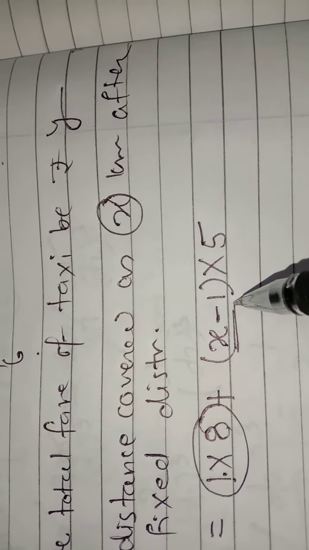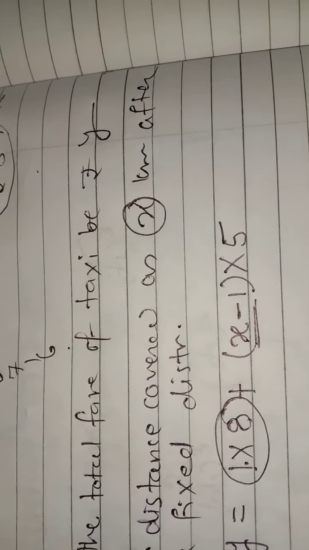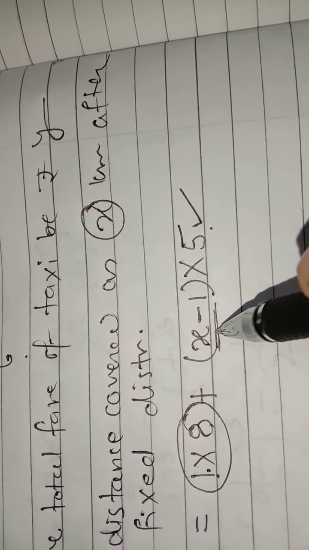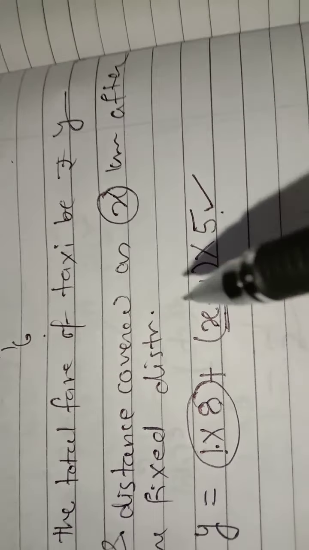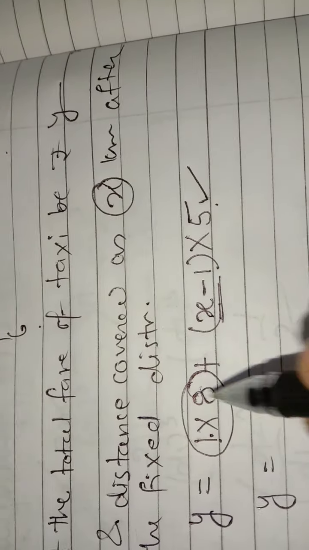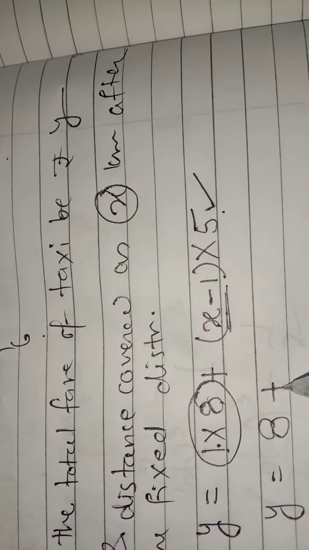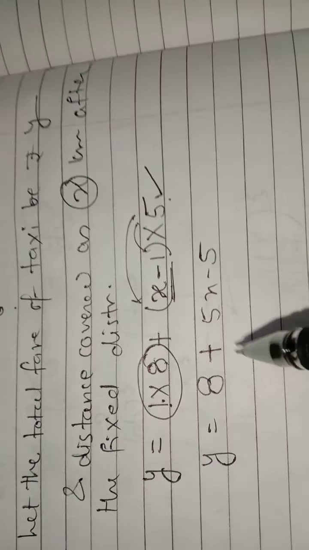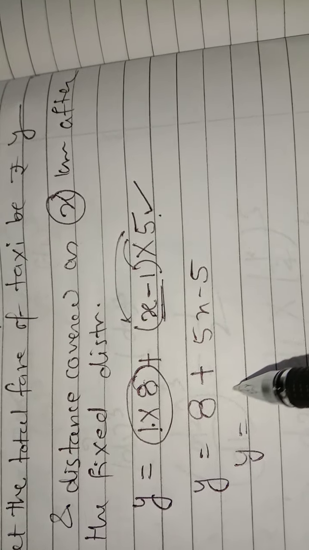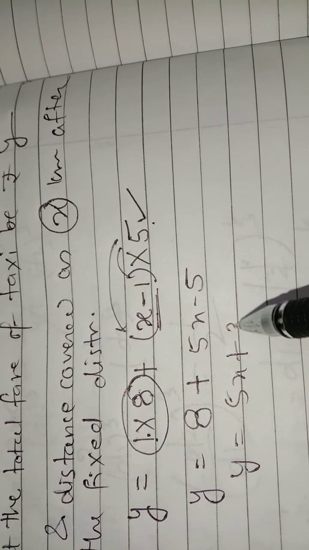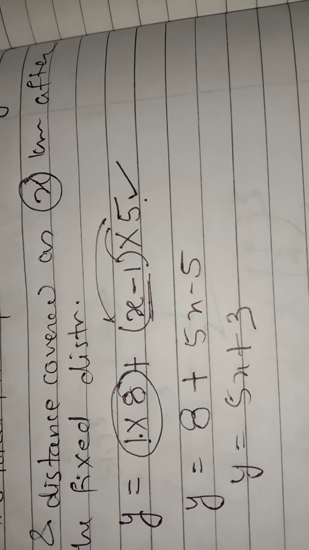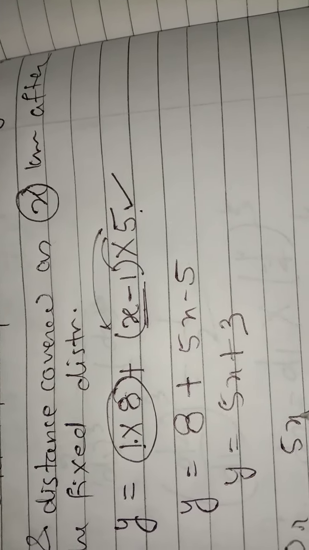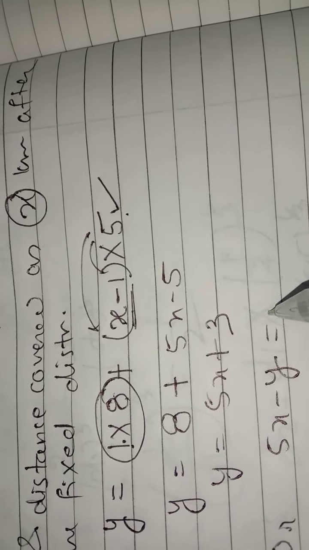So 5 will be multiplied by the remaining distance. So y is equal to 8 plus 5x minus 5. Simplifying, y is equal to 5x plus 3, or our standard form of the equation is 5x minus y is equal to minus 3.